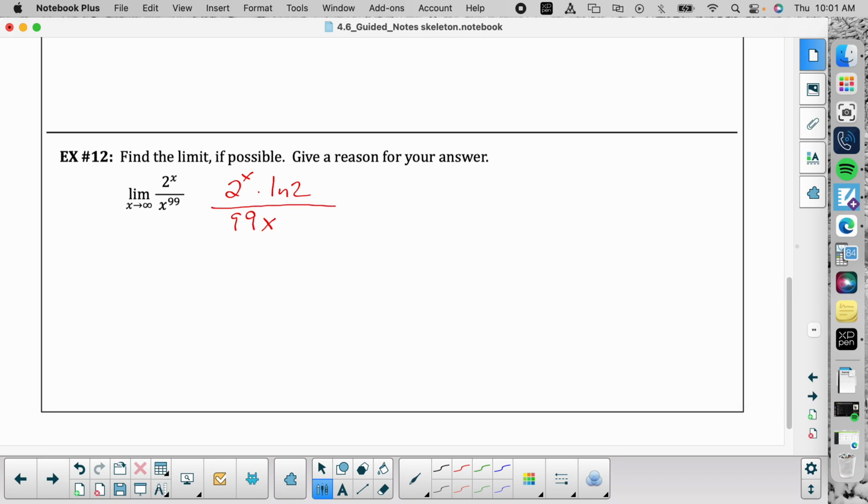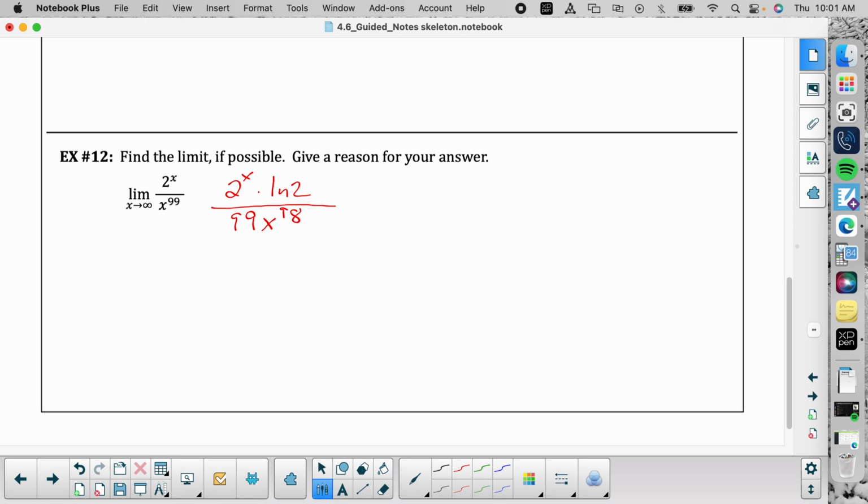99x. 98 left. All right, yep. It's like the 99 bottles of beer on the wall. We can do a lot of steps here. Okay, so this one is going to be infinity over infinity again. And you can see that this is going in a bad direction. What do we know about the bottom, though?